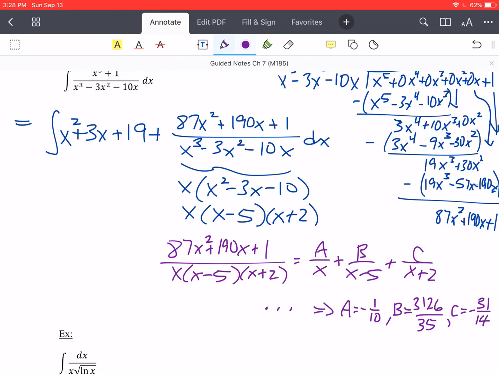So as you can see, not a very clean answer we're going to get here, but once you get those, you do the partial fraction decomposition, okay, and then you can integrate it.